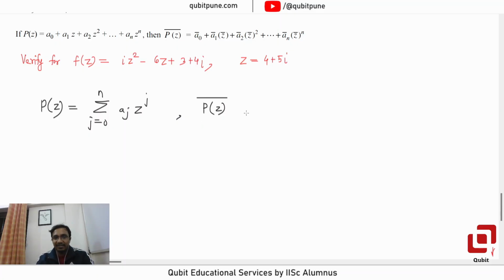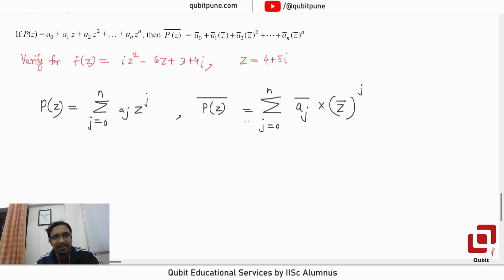That is as good as saying, let's take the complex conjugate of every coefficient a0, a1, a2, a3 up to an, and multiply this by the powers of the complex conjugate of z. This is a very useful result to know, with summation as j goes from 0 to n.